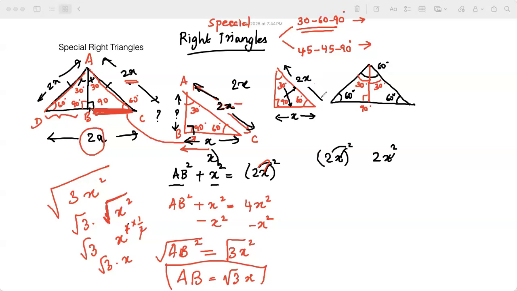Considering the longest side is 2x, this side is square root of 3x. That is what you're going to take forward. So in a 30-60-90 triangle, starting from the smallest side to the longest side, the ratio is x, root 3x, 2x. The sides are in the ratio 1 is to root 3 is to 2. Any questions?